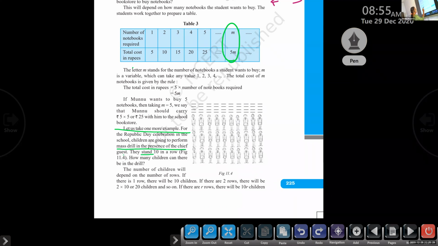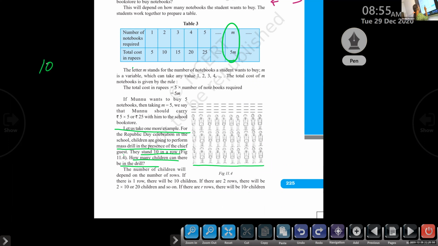They stand 10 in a row. So how many children are there in a row? 10. Okay, so 10 children are there.